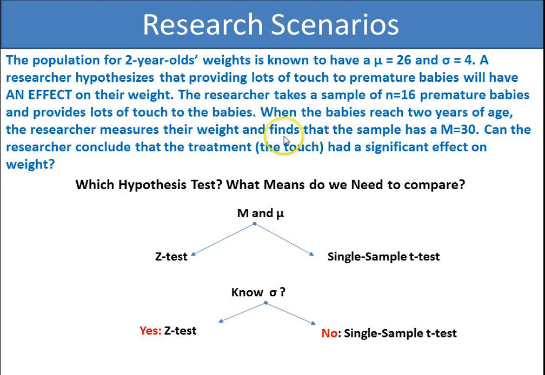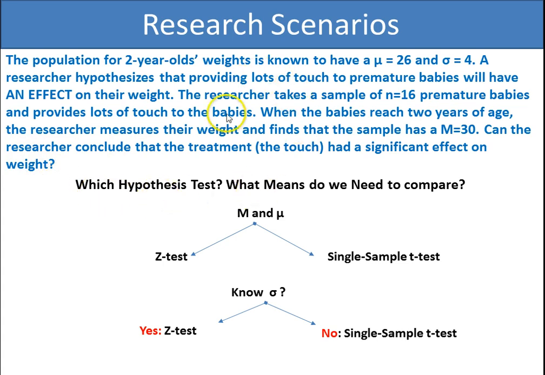When the babies reach 2 years of age, the researcher measures their weight and finds that the sample mean is equal to 30. And the question is, can the researcher conclude that the treatment, the independent variable, the touch, had a significant effect on the weight, the dependent variable?